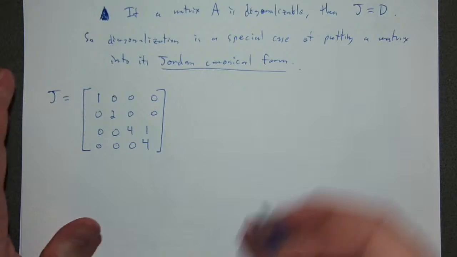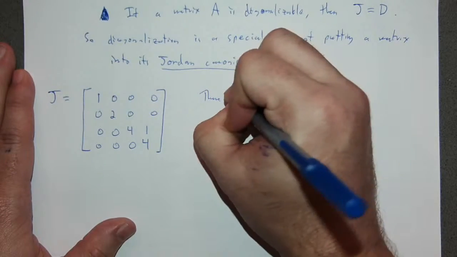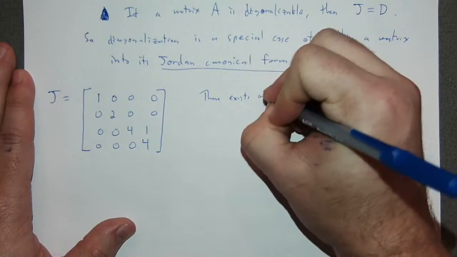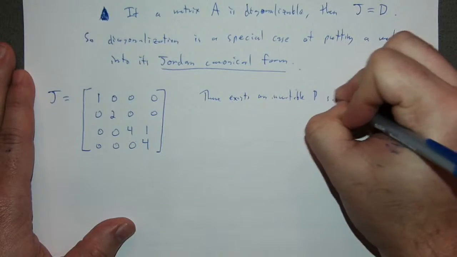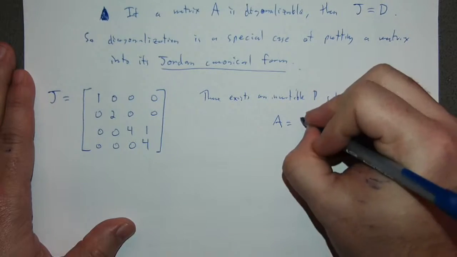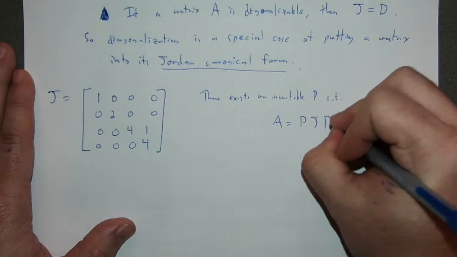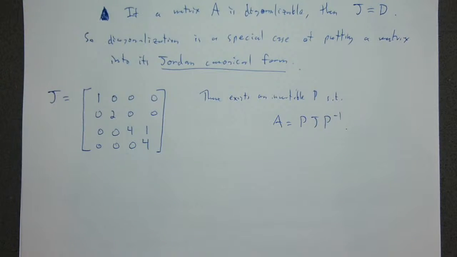You can check. So there exists an invertible P such that A in our example is PJP inverse. And this is the Jordan canonical form for that matrix. Okay.